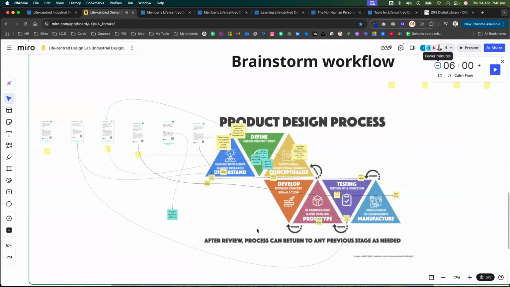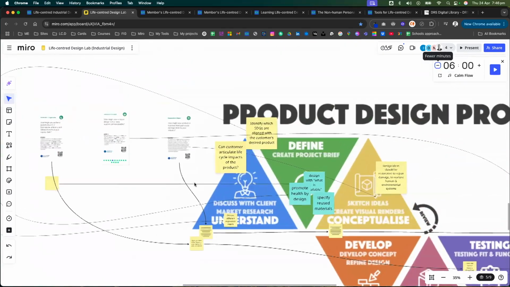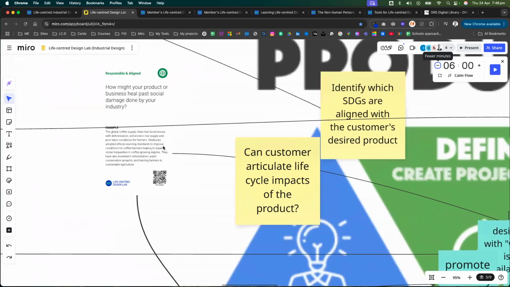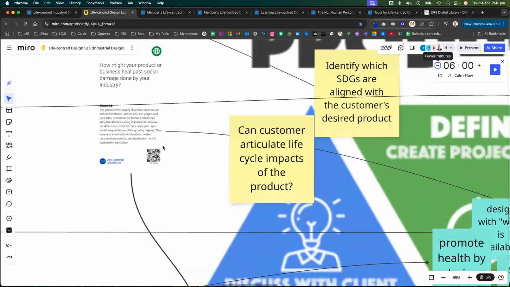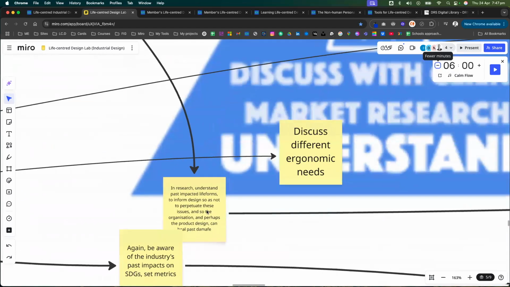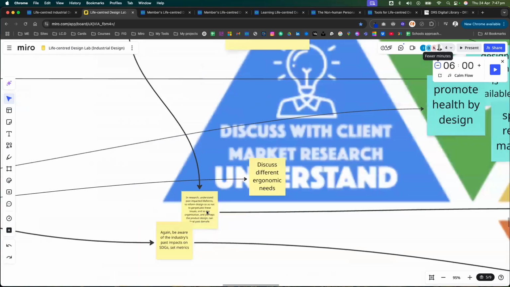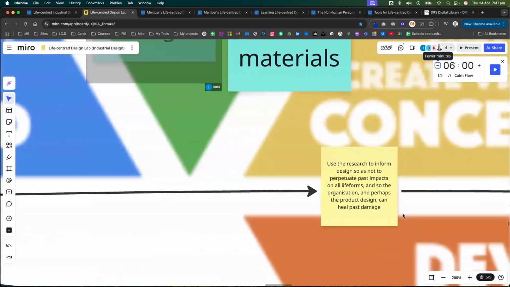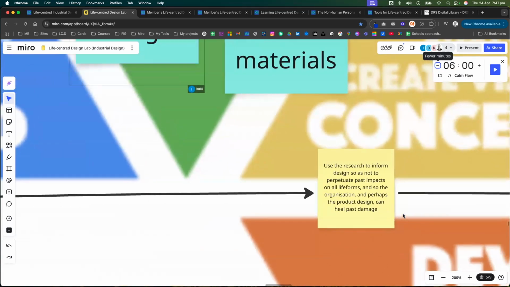All right? Looks like we've got some ideas there. I can go first just to kick it off. So I was looking at how might the product or business heal the past damage done by the industry. So it's at the research stage, understanding the past impact on life forms. And then in the design stage, using that research. So just be aware of the design, how it might impact those life forms and not doing that anymore.